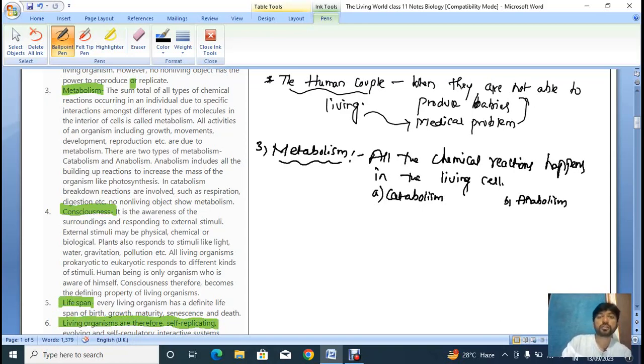Okay, let us take this character. Let us understand whether this character will be a defining character or a non-defining character. Right? Now, all the chemical reactions which happen in the living cell, we'll call that metabolism. Whether chemical reactions would not happen outside the living cell, it will happen.